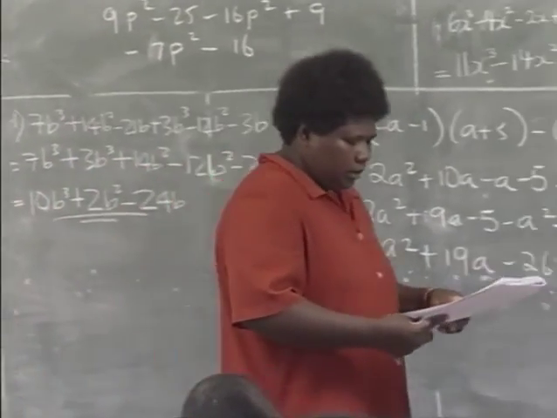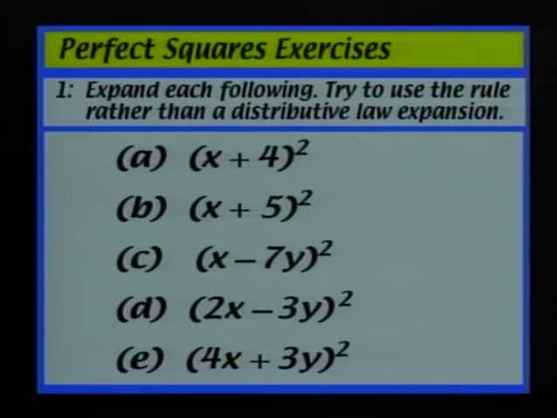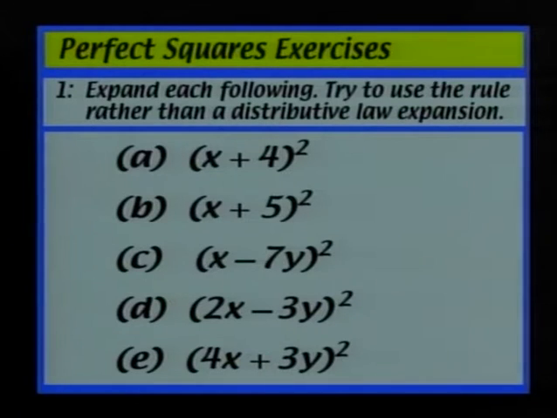No? Okay, we'll go on to the next exercise on perfect squares. And hopefully you learn to use the shortcut that I gave you. All right, letter A. Your answer should be x squared plus 8x plus 16. Letter B, Geno.